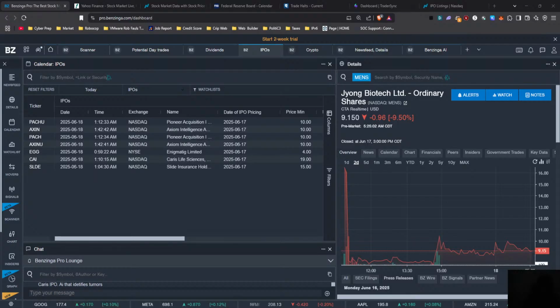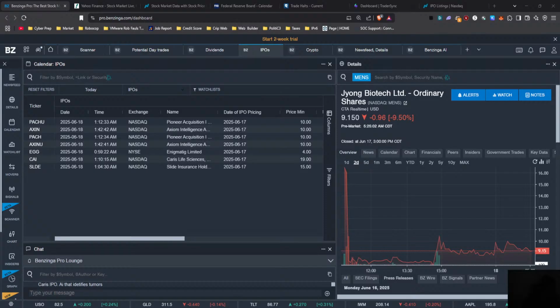AXIN. Look at that. It's not coming up. Maybe it's on the wrong exchange. What kind of exchange is that? Yeah, that's not coming up. What about PACH? That one didn't come up. Egg. They must be in something else. Okay.